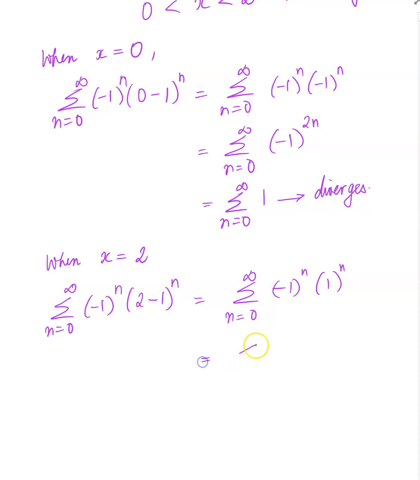So it's immaterial to worry about that. So you just have this term dominating, negative 1 power n. And you know that this is definitely going to fluctuate, right? It's going to go between 1 and negative 1 depending on n. When n is 0, this will be 1. When n is 1, this will be negative 1. So it's going to be down and up, down and up, down and up. And so this also diverges.